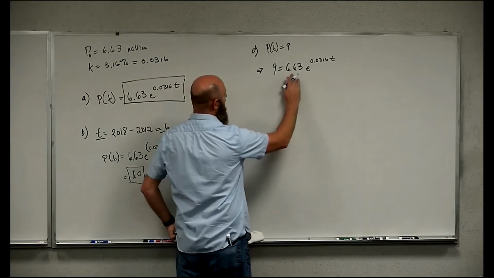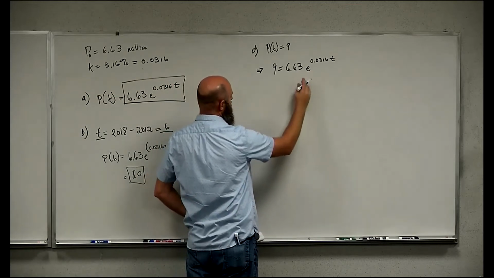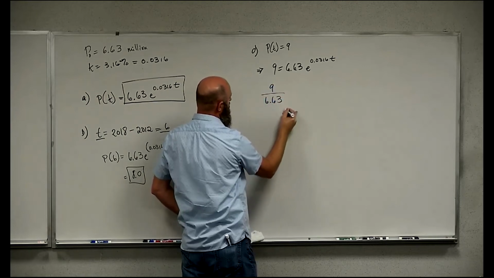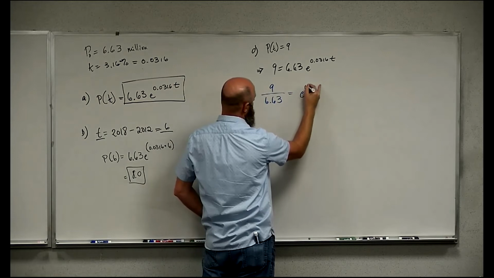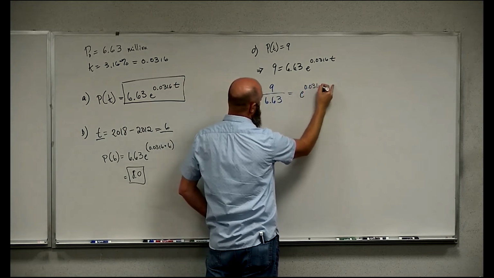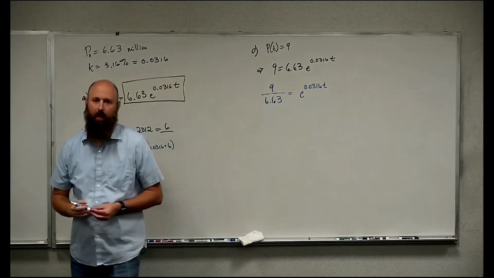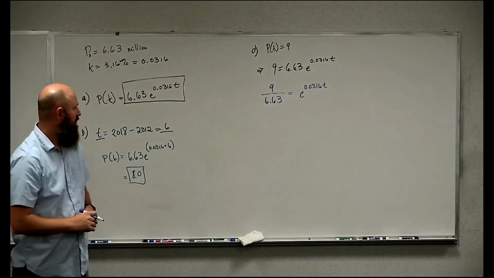So I'm going to divide both sides by 6.63. So I get 9 divided by 6.63 equals E to the 0.0316 T. Okay. All right.